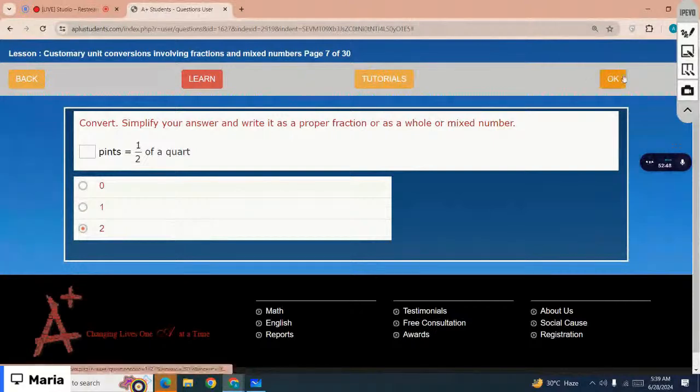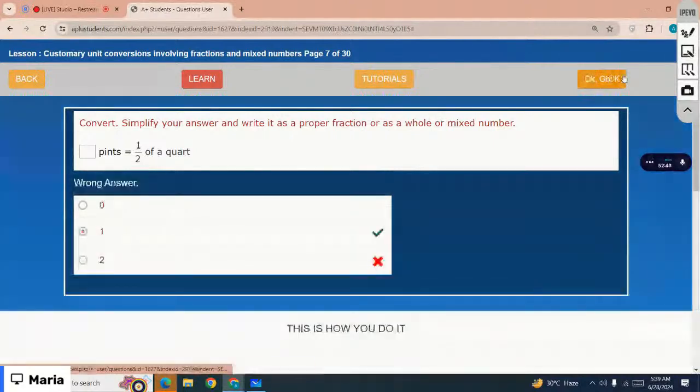Because I think in 1 quart you have 4 pints, so half is 2 pints. The correct option is one. Got it?